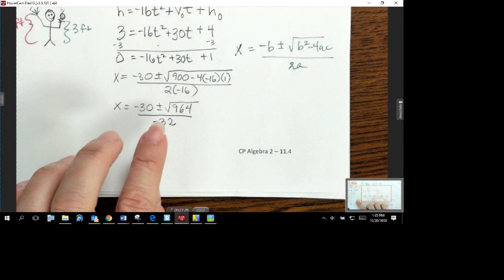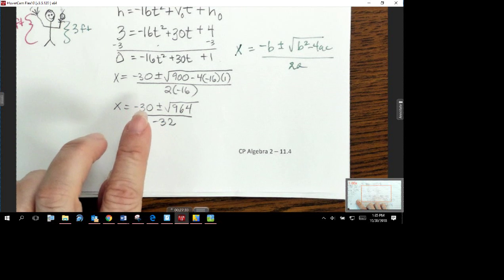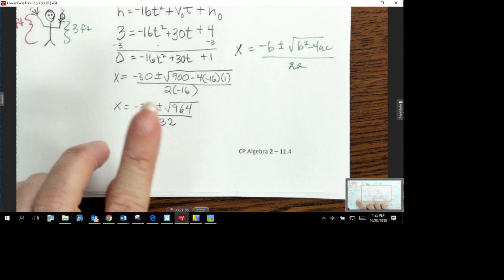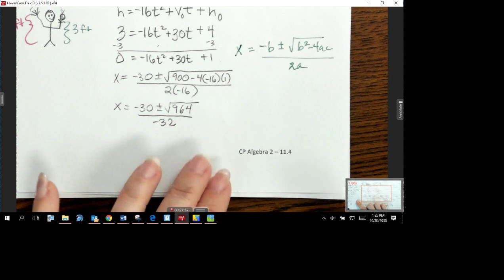I go through my 3 steps of simplifying. First step is, can we simplify the radical, the square root of 964? Is there a perfect square that goes into it? Maybe once your calculator starts dividing, 964 divided by what? I need a perfect square.